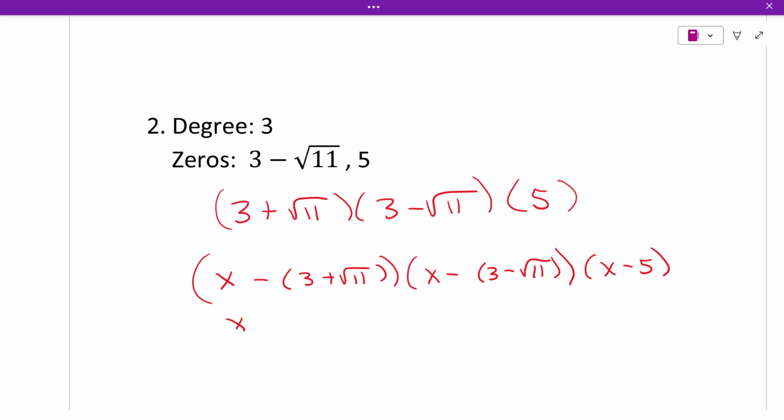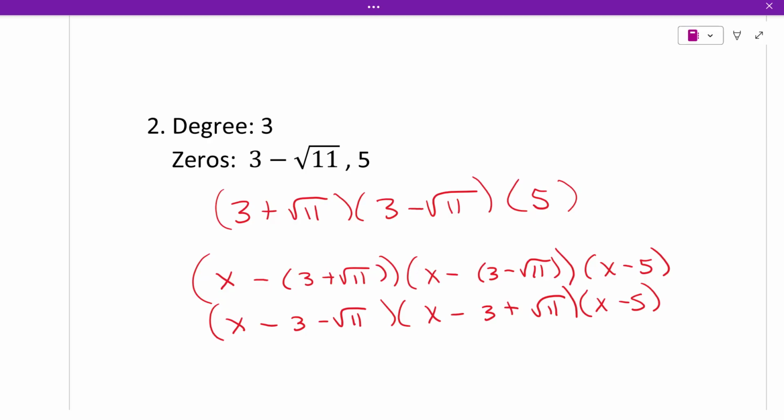And then she'll distribute here. And then triple distribute that. Whatever that answer is, multiply to be that. Multiply with that one.